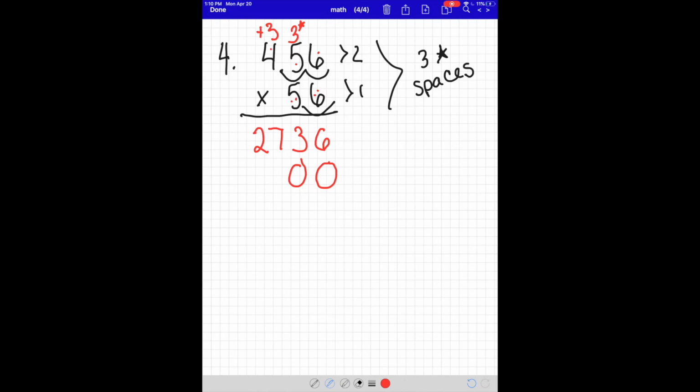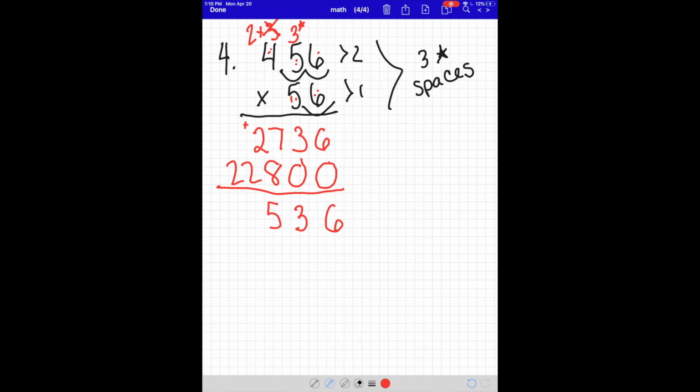Then we're going to do 5 times 5, which is 25, plus 3 is 28. Cross out this 3, write a 2, and then 5 times 4 is 20, plus 2 is 22. Add them together. 6 plus 0 is 6. 3 plus 0 is 3. 7 plus 8 is 15.